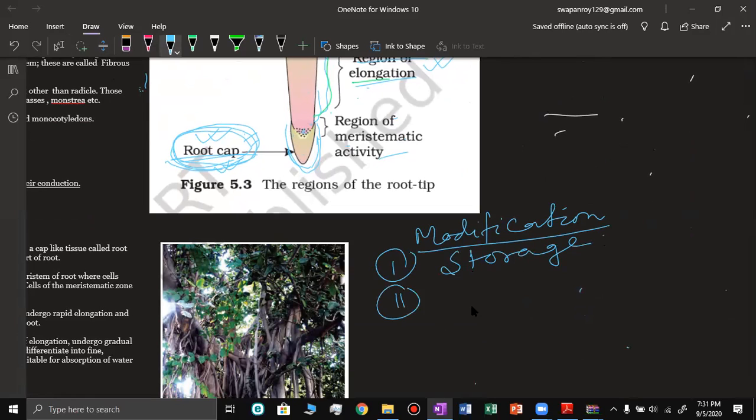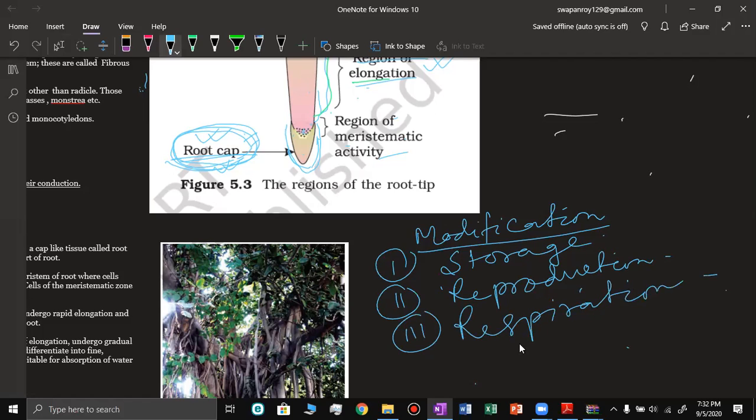Some modification is for special functions like vegetative reproduction, for respiration, for climbing, for mechanical support.